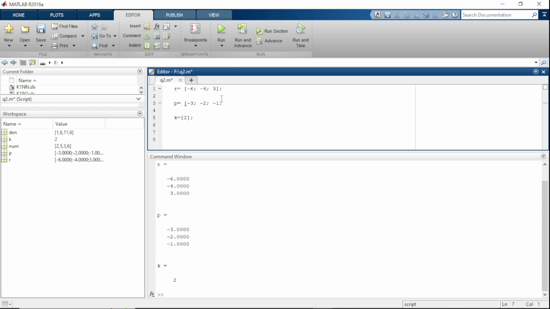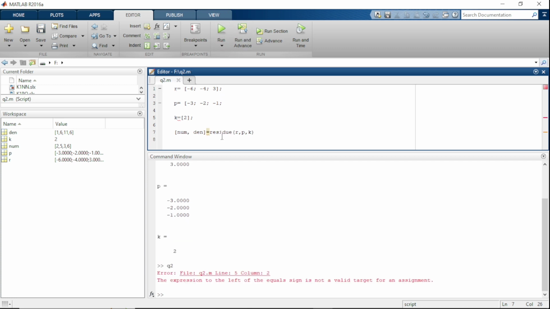So just write the command, that is [num, den] equal to residue(r, p, k). Okay, just run this program.